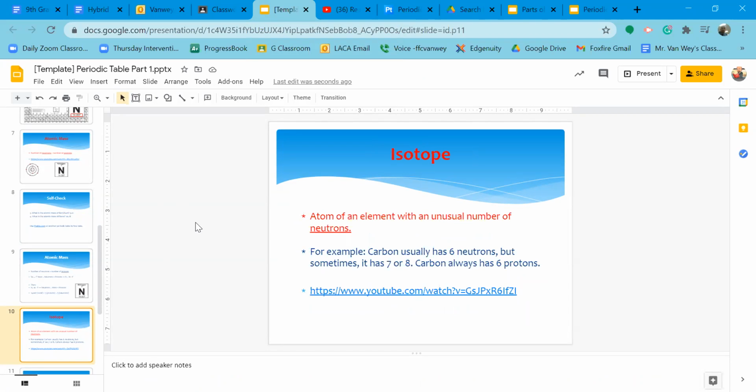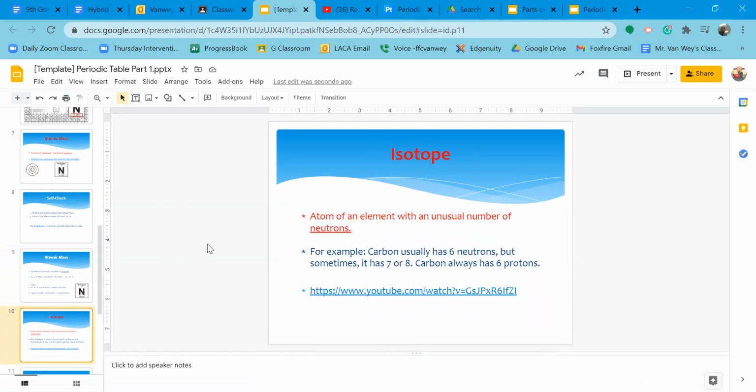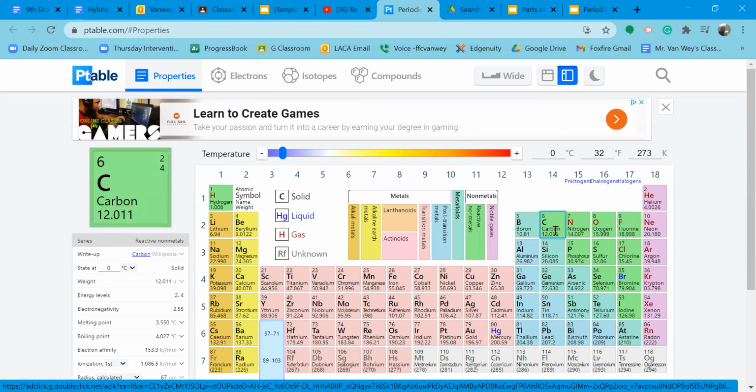Now, the reason why we have this decimal point here is because of isotopes. Atoms sometimes have an unusual number of neutrons. So we just talked about carbon. Carbon always has 6 protons.